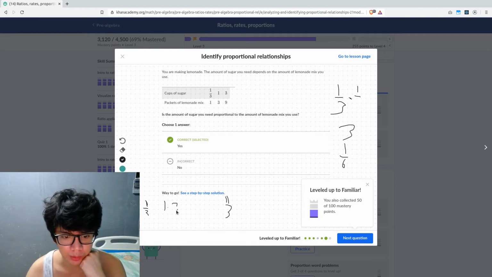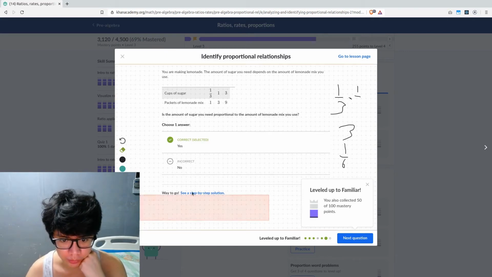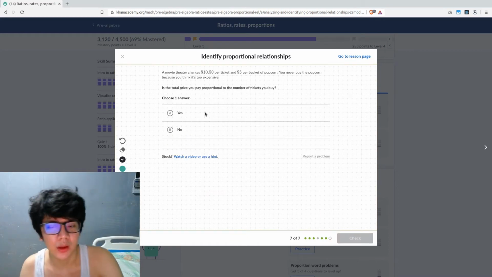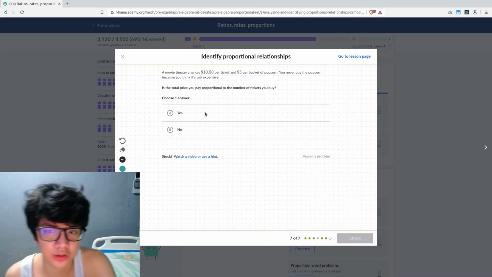Multiply 1 by 3, you get 3. Why am I multiplying it? It should be 1/3 times 1, or 1 divided by 3, you get 1/3. 3 divided by 9 is 1/3 still. Very cool.